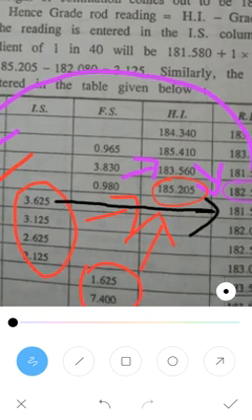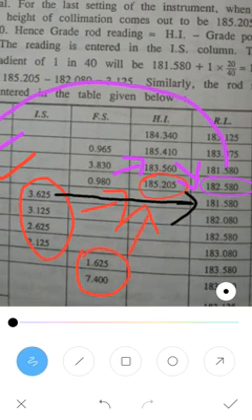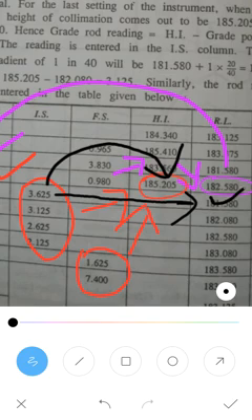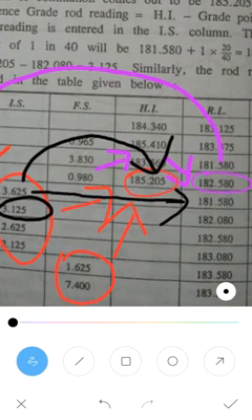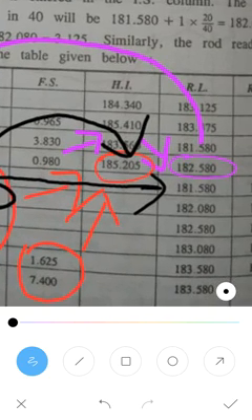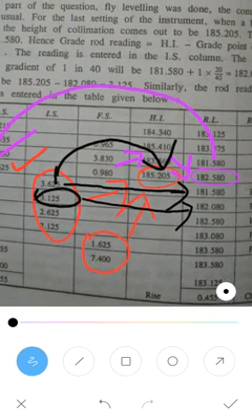See here: 185.205 minus 3.625 gives 181.580. Next, 3.125: 185.205 minus 3.125 gives 182.080.